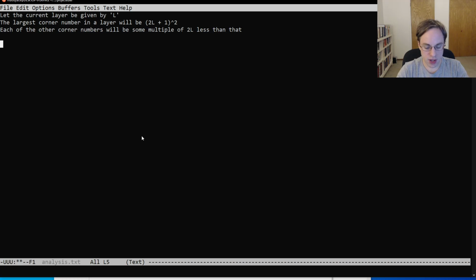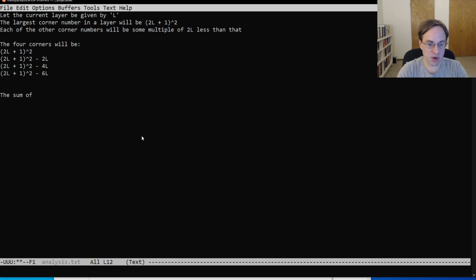So in particular, the 4 corners will be, obviously, (2L plus 1) squared, as I mentioned, and then that minus 2L, that minus 4L, and that minus 6L.